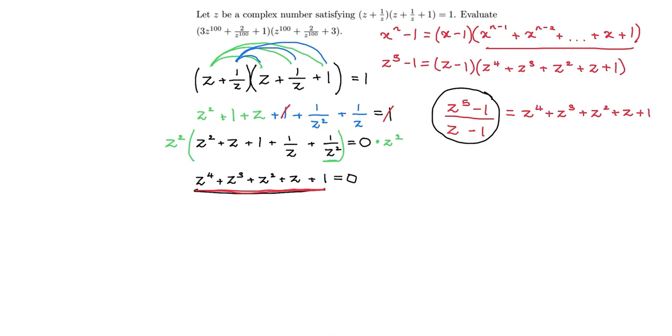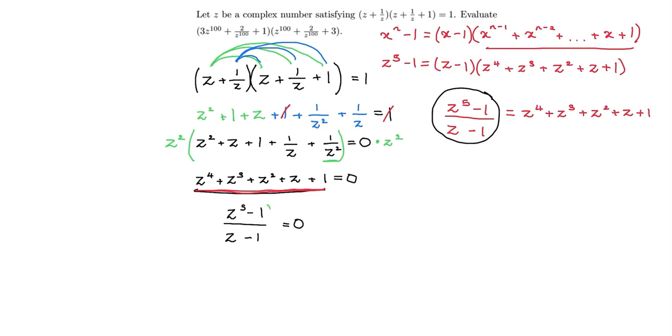So back to our question, we'd get that (z to the 5th minus 1) over (z minus 1) equals 0.